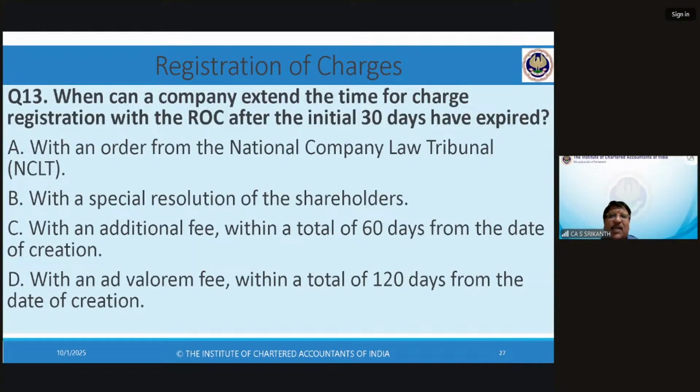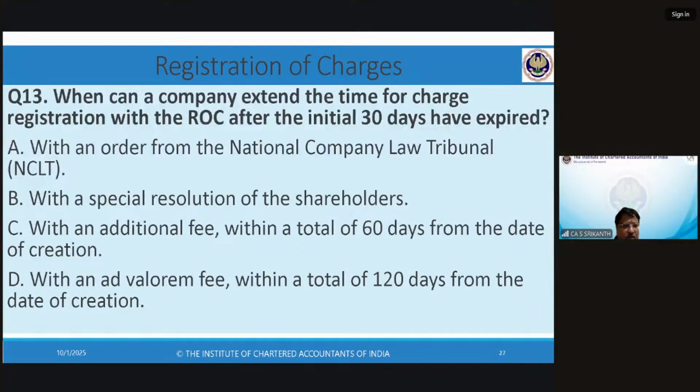When can a company extend the time for charge registration with the ROC after the initial period? See, in the entire chapter, NCLT does not come anywhere. Earlier it was NCLT under the old law. Now NCLT is not there. Special resolution is an option of the company, but no compulsion.